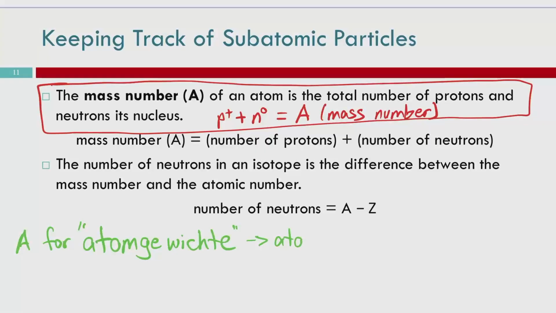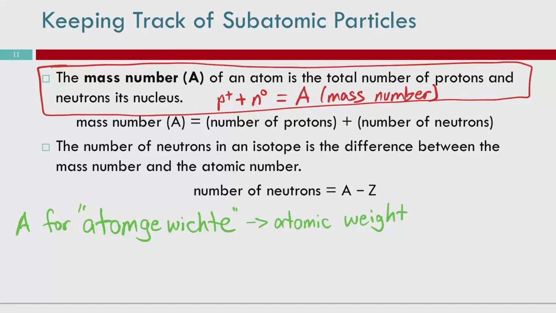It looks kind of like atomic weight. Atomgewichte is my guess at pronouncing it. Sorry to Germans. But the Wichte part at the end sort of looks like weight. There's some carryover, some crossover between English and German, the way that words are put together. So A for basically atomic weight.